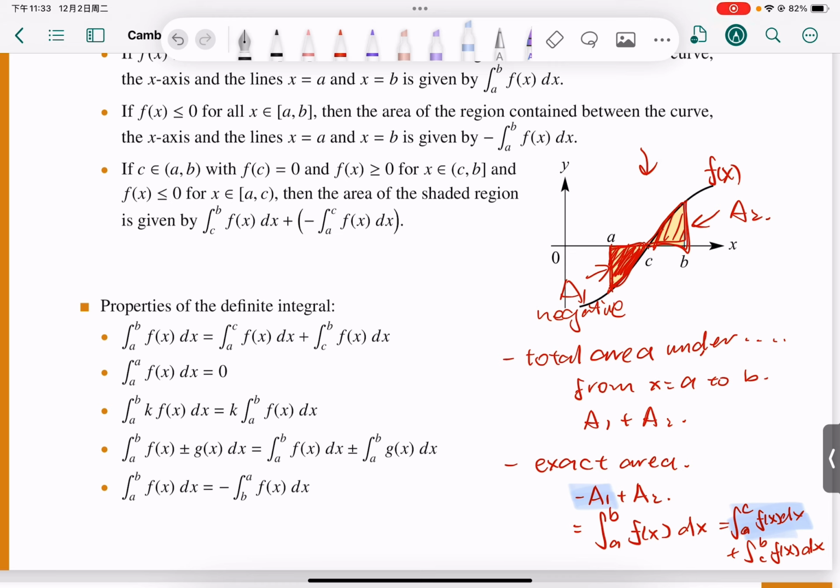It's not that the area is negative, it's that the integral we are taking is negative. So just remember the exact area: when they ask about the exact area, they're asking about the definite integral. When you take this integral, you'll get the exact area. That's a very important difference between the total area under the curve and the exact area under the curve, between the lower bound and upper bound.